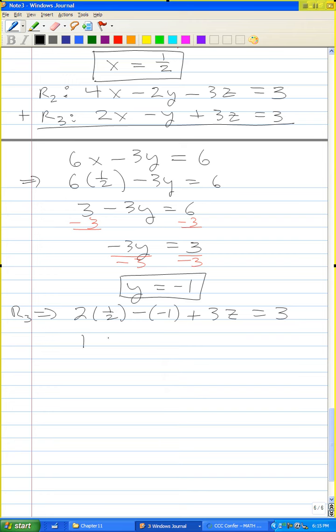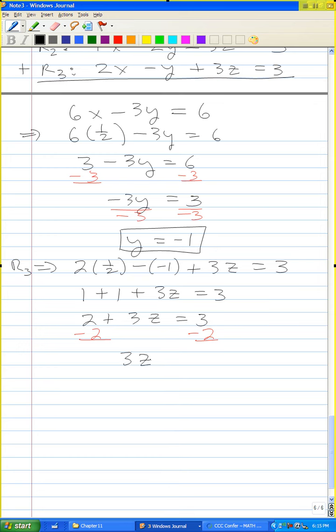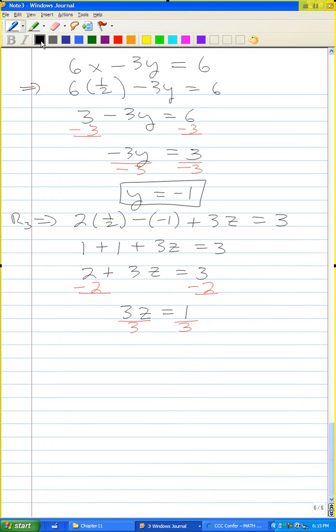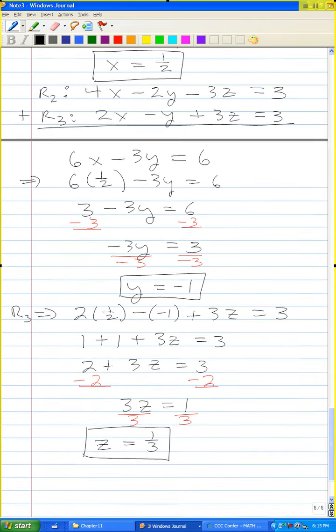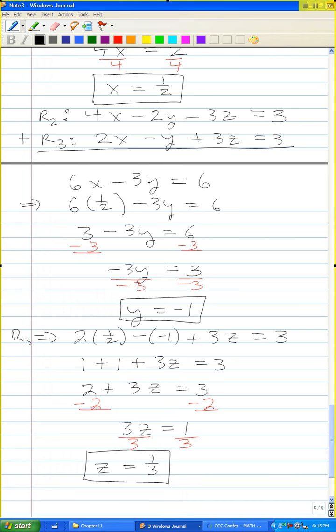And so 1 plus 1 plus 3z equals 3. So 2 plus 3z equals 3. Subtract 2 from both sides of your equation. And so I get 3z equals 1. Divide both sides of my equation by 3. And so z is equal to 1/3. So x equals 1/2, y equals negative 1, z equals 1/3.